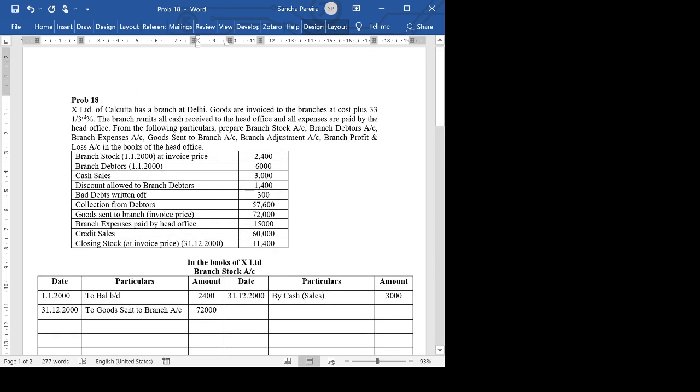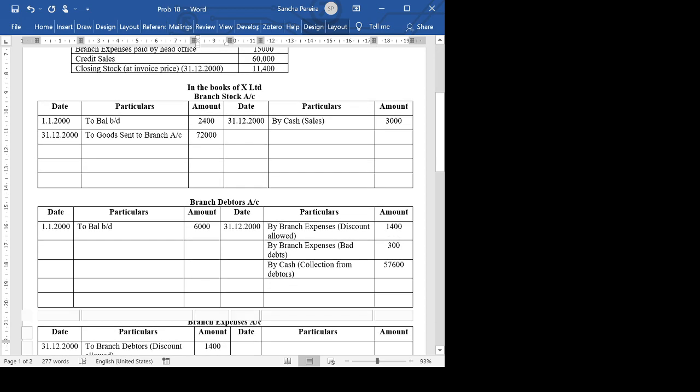And then the next one is credit sales, 60,000. Now where will this come? This is going to come in the branch stock as well as the branch debtors account. So when I'm posting it in the branch stock, how will I post it? I'm going to say by branch debtors, credit sales.